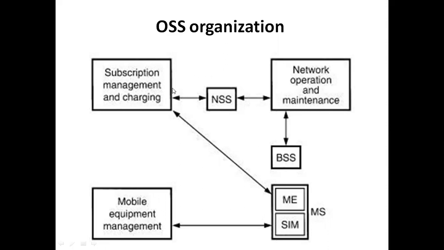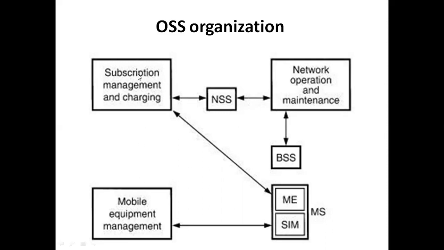It also consists of subscription management and charging. Subscription management, including charging and billing of the users of the network, comes under the OSS. And there is mobile equipment management. To manage the mobile equipment, we are using the OSS.